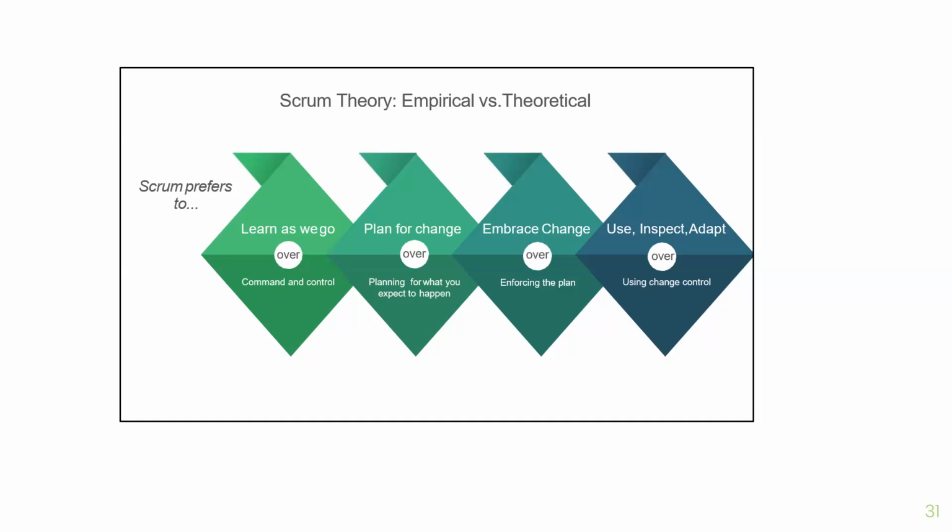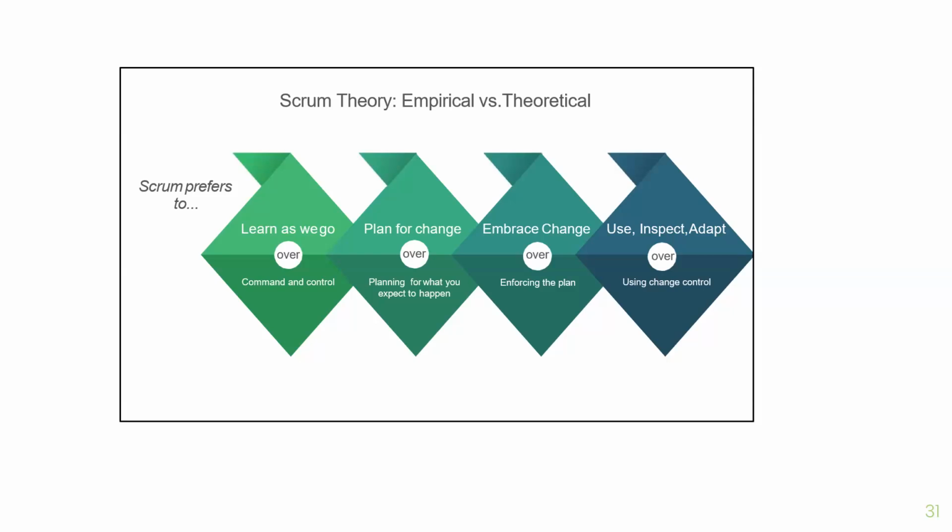In the waterfall model, you assume that this is what's going to change, but at the end of the day, it doesn't happen. And then you embrace change, rather than just saying, like that example we gave, something your line manager said to me, we need to do this, and you just say, no, I'm going to stick to the plan. That doesn't work. You have to embrace the change.